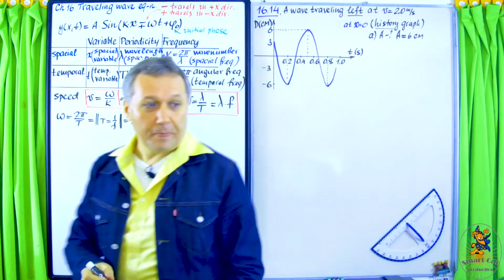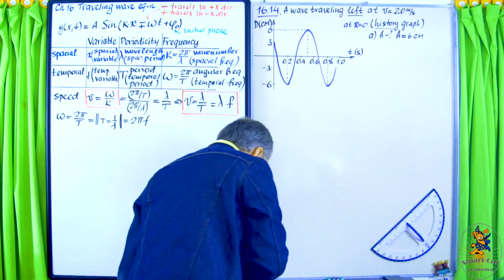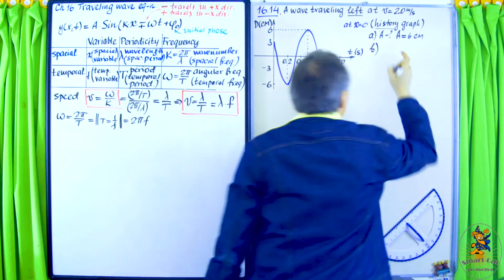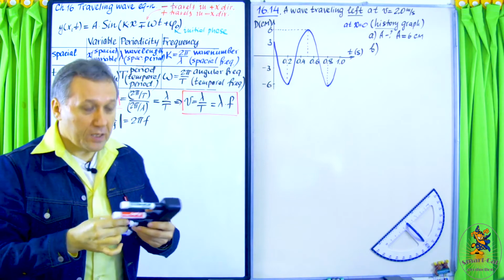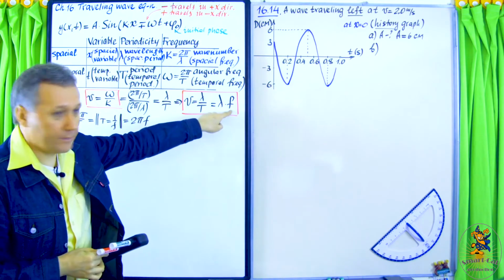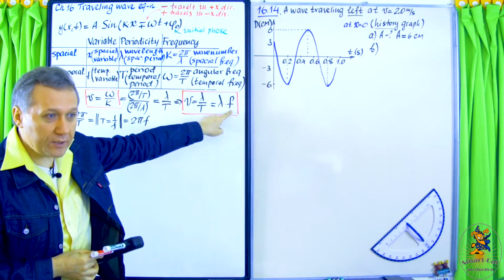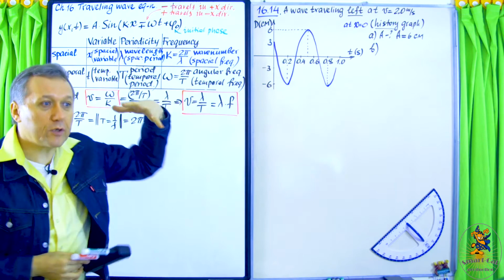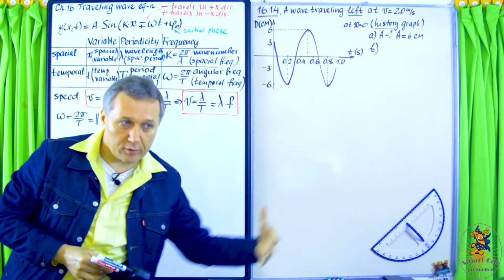You can read that. So now part B, we need to find the frequency. Careful, guys: if the problem just asks about frequency, it means f, because if somebody were interested in angular frequency, they would actually write find the angular frequency.